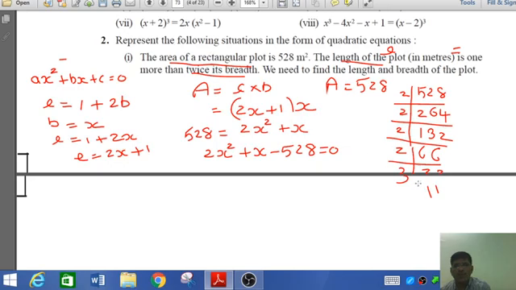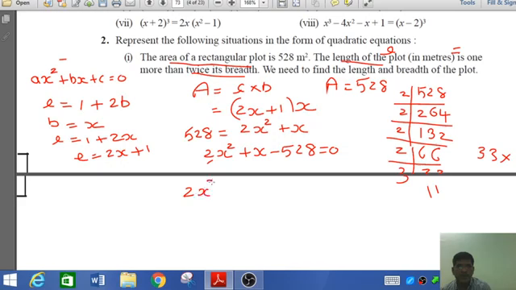So you have to make a factor: 11 3s are 33, 2 2s are 4, 2 4s are 8, 2 8s are 16, 2 16s are 32. So 33 into 32, that is our factor.